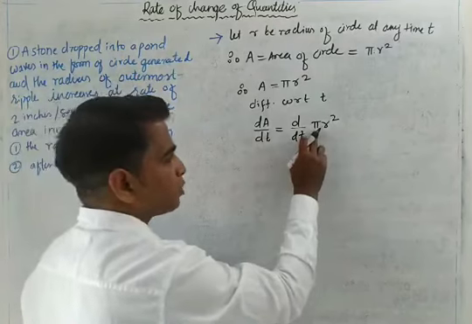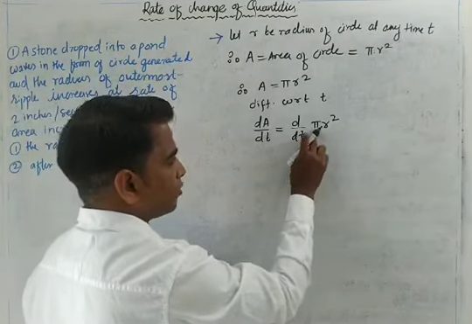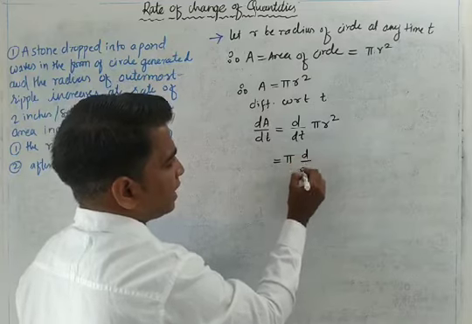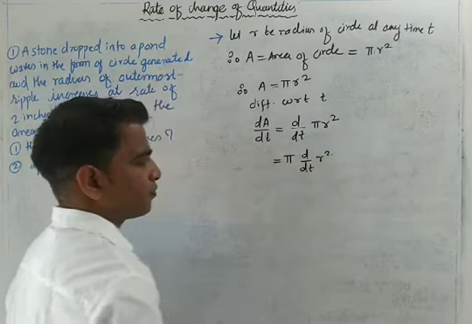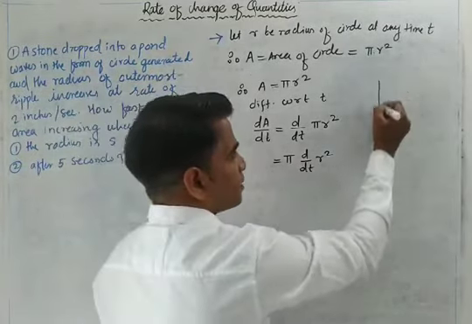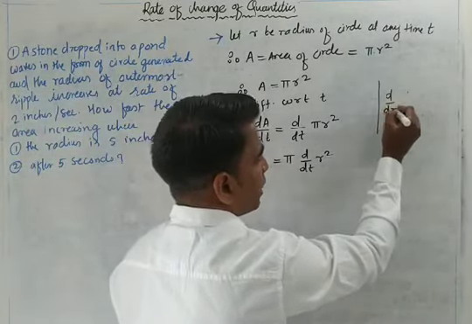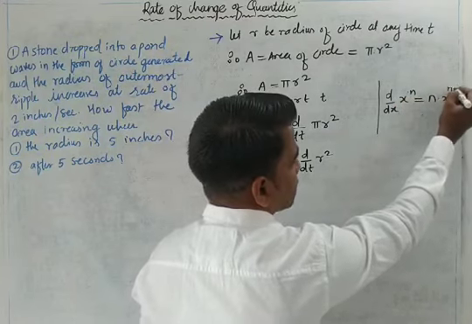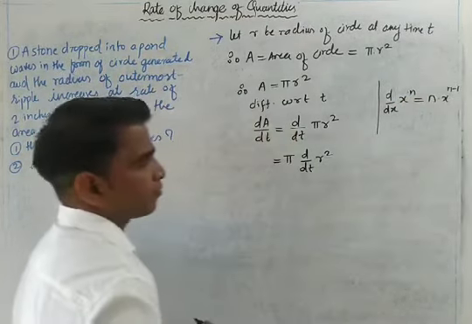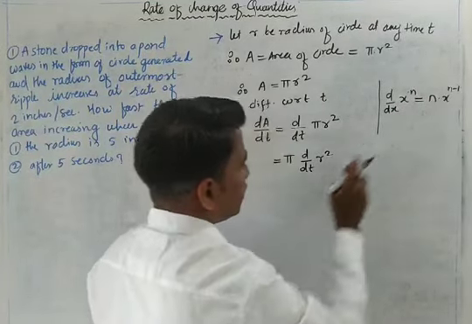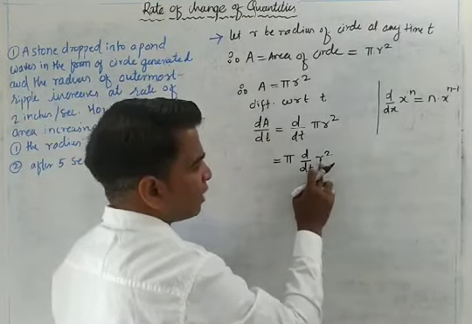Now pi is a constant quantity that I will take outside, and then I will take d by dt of r square. Now we have to find the derivative of the square. In derivatives we learned one formula, d by dx of x raised to n is n into x raised to n minus 1. But that formula holds when finding the derivative of x with respect to x. Now here we are finding the derivative of r with respect to t.